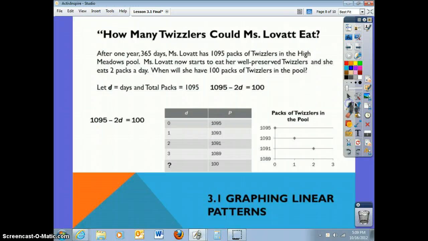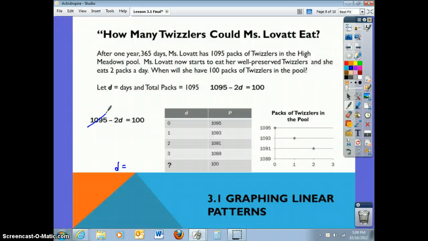Okay, so using our equation, how do I solve for this? I've got to get D all by itself. That's what I'm trying to figure out, okay? All right, when the total equals 100, that's what I'm striving for. So the first thing I need to do, if I need to get D by itself, I need to get this guy to go away. And the way to get that guy to go away is to subtract 1,095 from both sides.